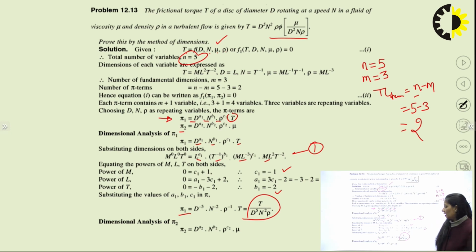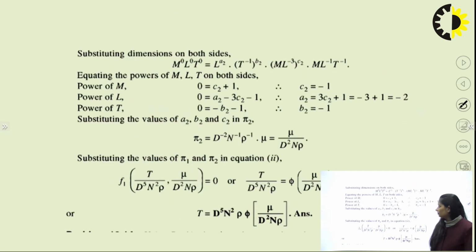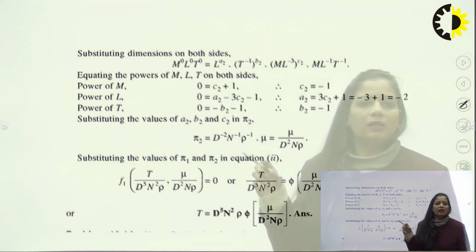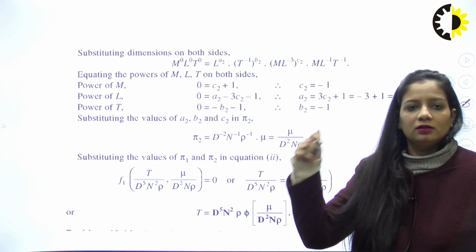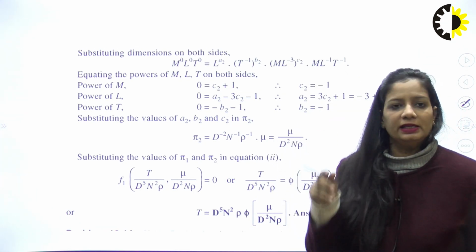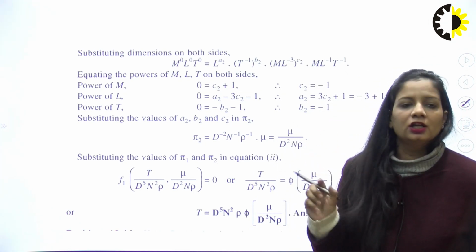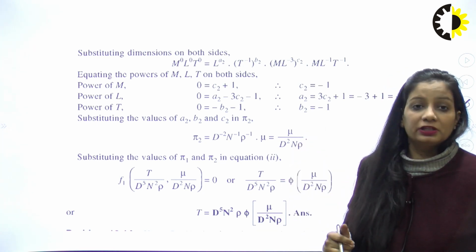Now do the dimensional analysis of pi 2 the same way we have done for pi 1. Here, write all the dimensions of all the parameters. Apply the exponents, equate the powers of M, L, T, and then solve all the equations available.